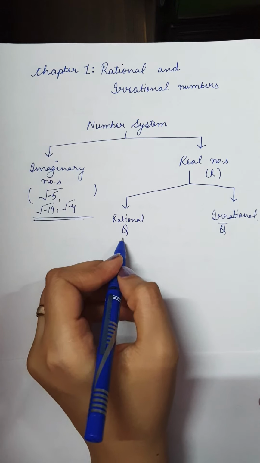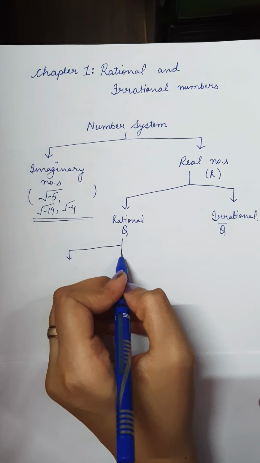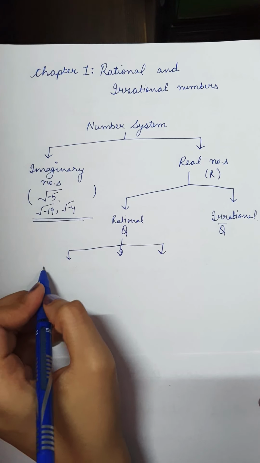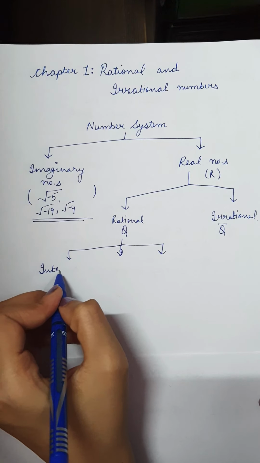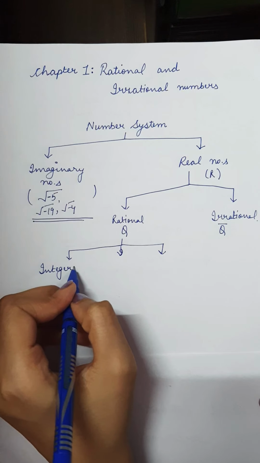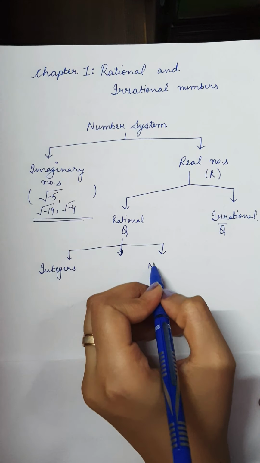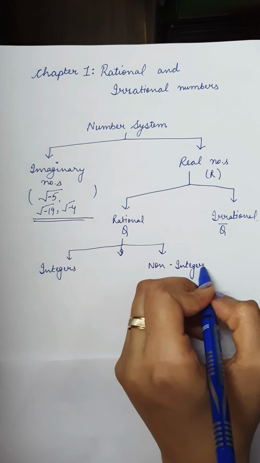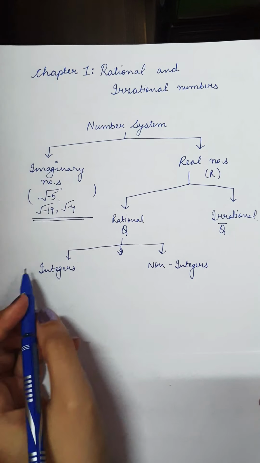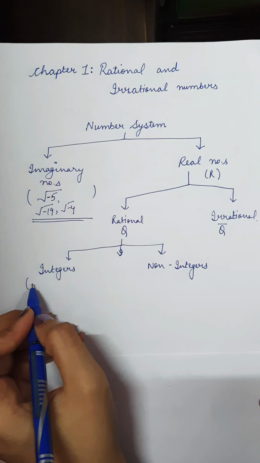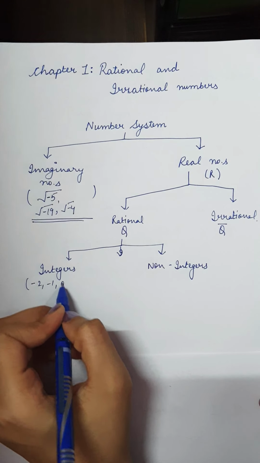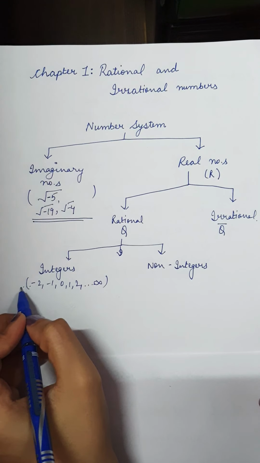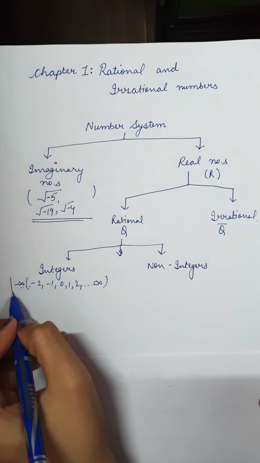Before we proceed, rational numbers are further divided into two parts. The first one, integers, and the second, non-integers. Now here integers, as you all know, the complete integer table 0, 1, 2 and so on till infinity, and here also we can proceed till minus of infinity.